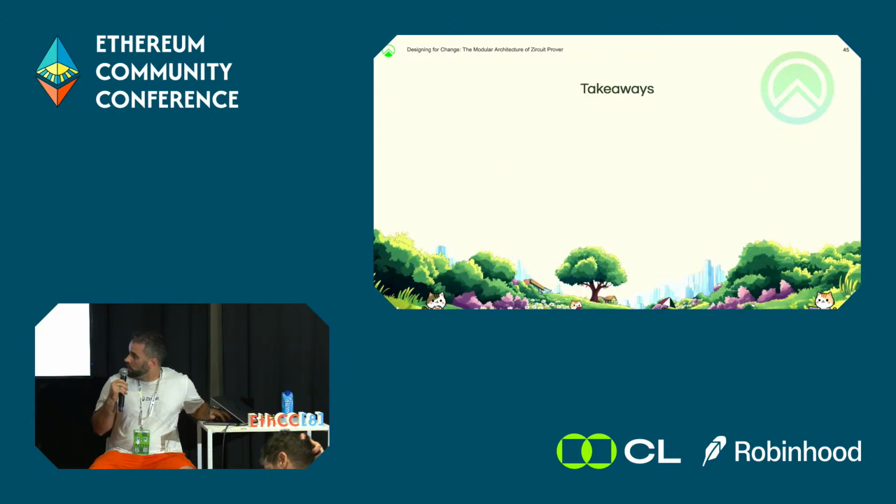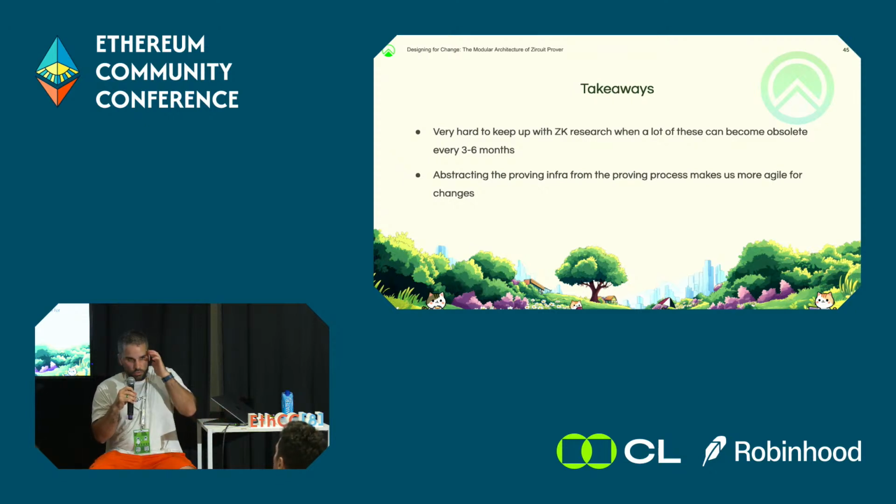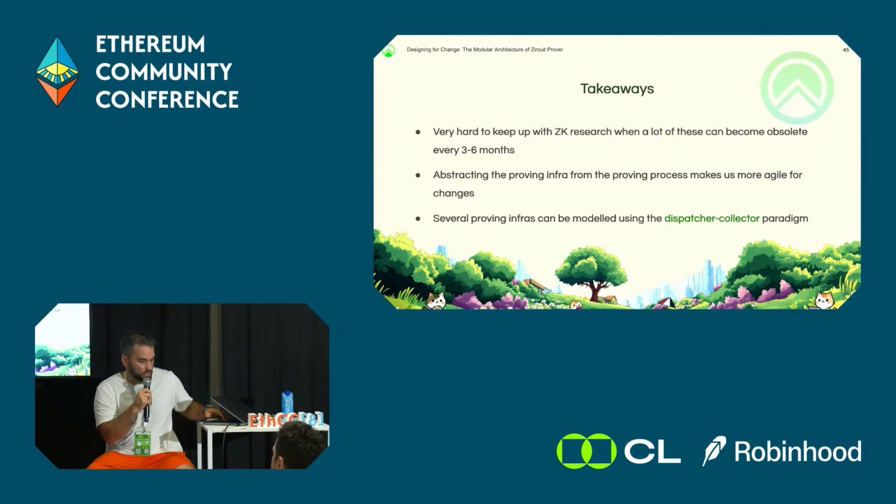So, some takeaways. It's very hard to keep up with ZK research. Things come and go very fast. That's why we have this modular architecture. We found a way to abstract away the proving system and the orchestration, which makes us a little more agile when adopting a new proving system.